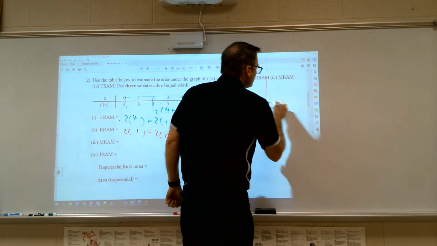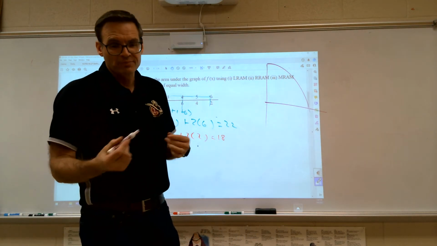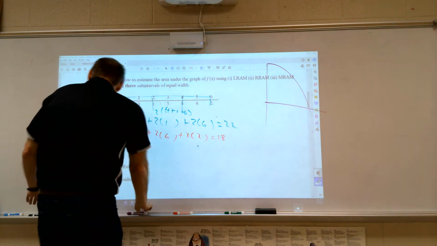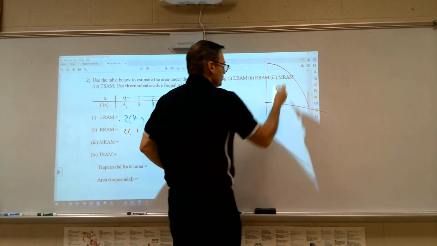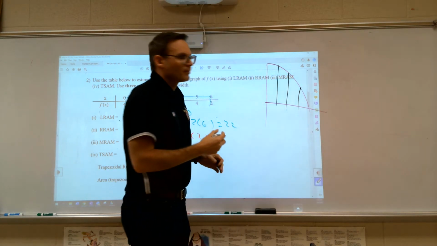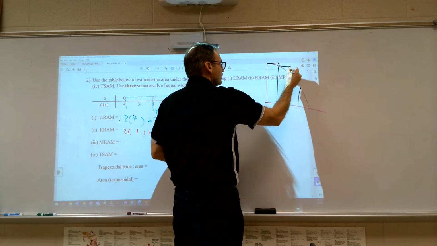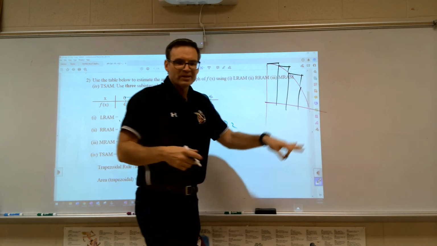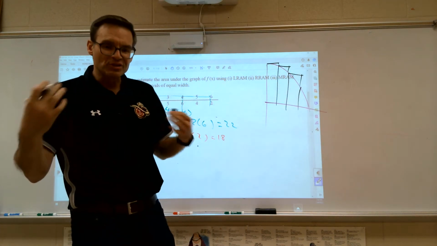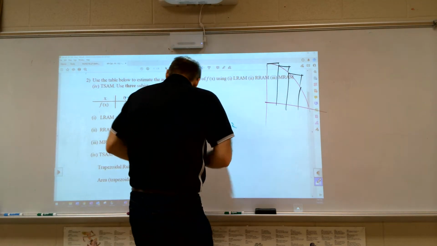Let's say you start with a graph and you want to estimate your area with rectangles, and we're going to do 3 partitions. If you get your height from the left, when I draw the line this way, we can see the rectangles go over the graph, so this is an over approximation because we're too high.